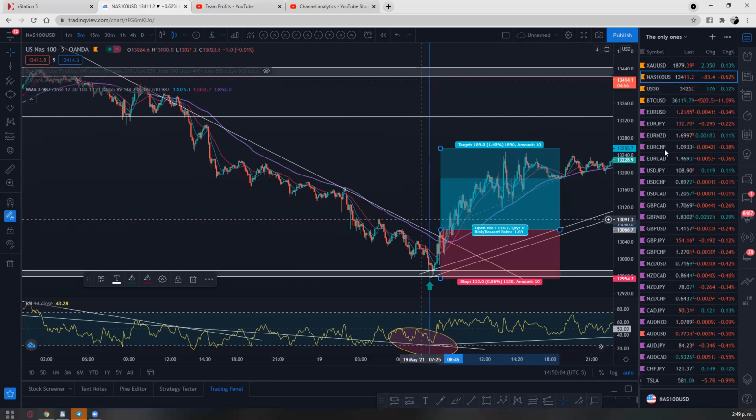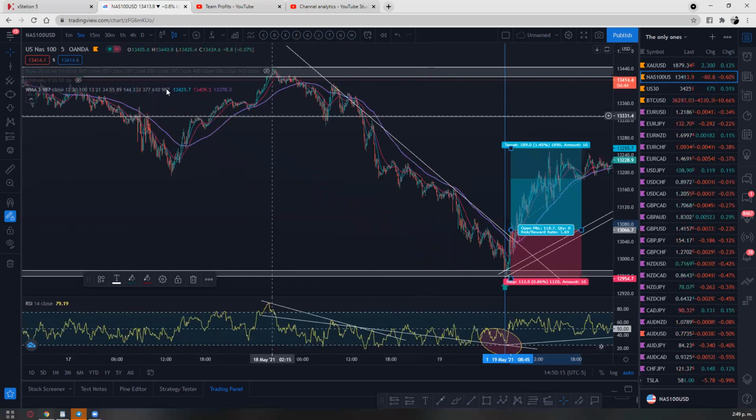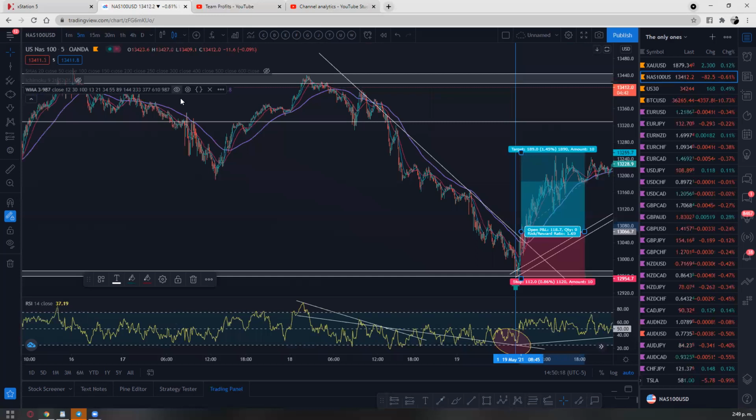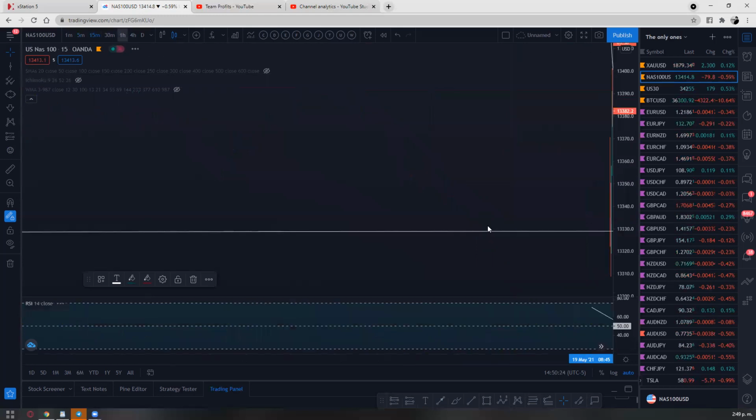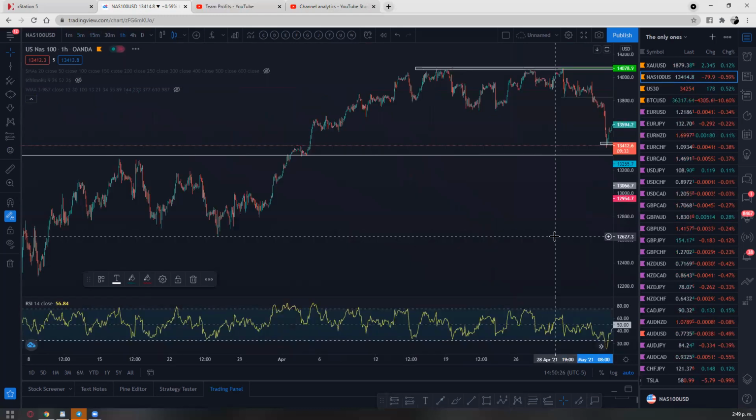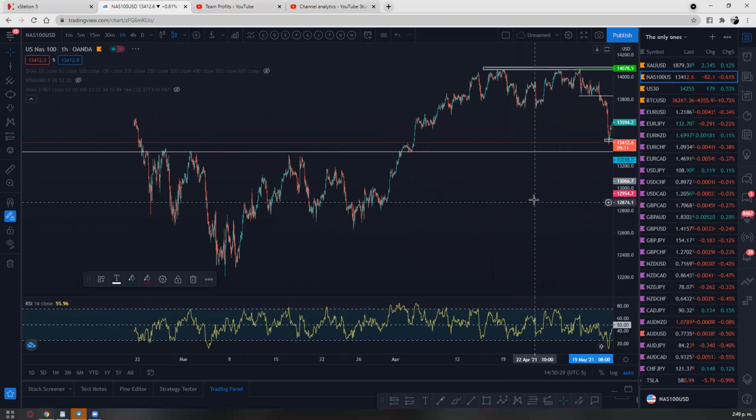You can still use the strategy with the pairs, but it's not going to be as accurate as it is with the NASDAQ and the US 30. I always tell my students, my followers, try to leave the Forex behind, try to leave the pairs behind, because that's a lot of losses. I don't like that.